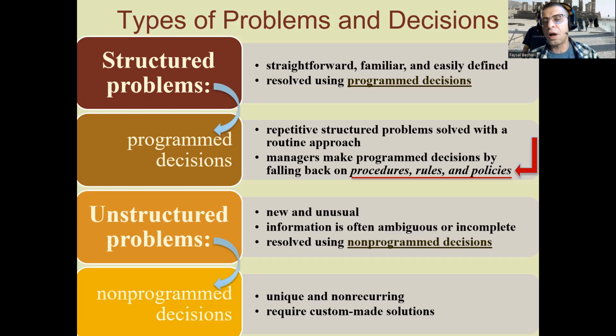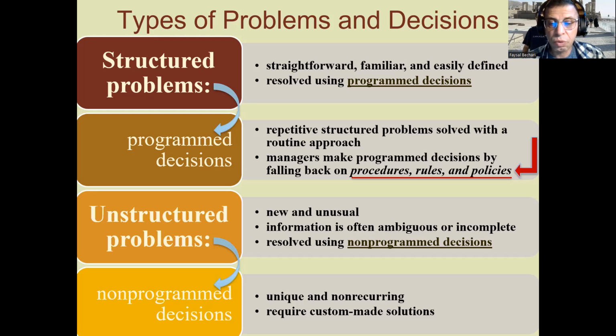So if the problem is straightforward, familiar, and easily defined, then it's resolved using a programmed decision, which is a repetitive, structured problem solved with a routine approach. Managers make programmed decisions by falling back on procedures, rules, and policies.